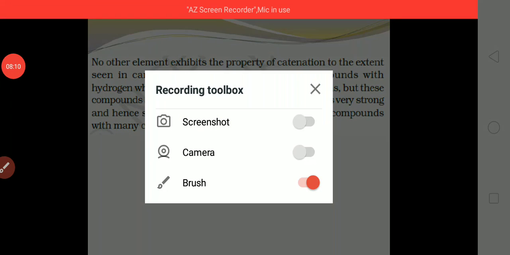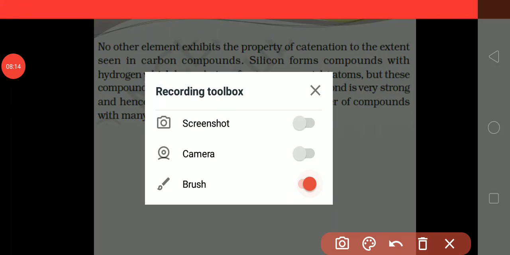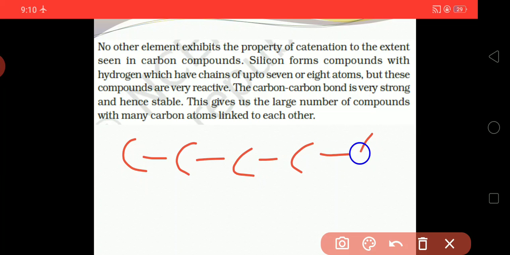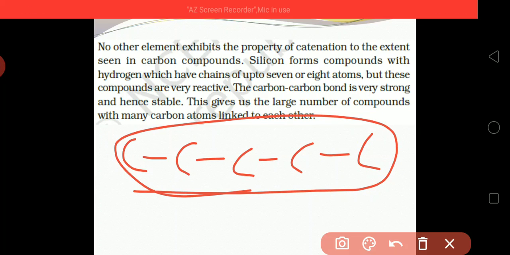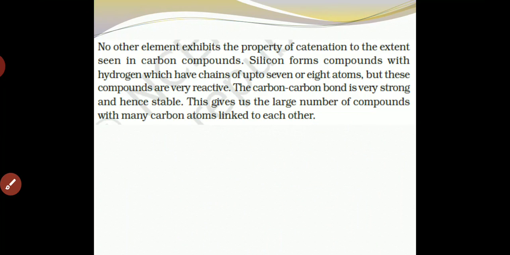Okay, what will be seen? Carbon will form a big chain, and they will form a large number of compounds. Compounds will be formed by forming bonds between them and attaching a different element in it, and it will form a huge compound.